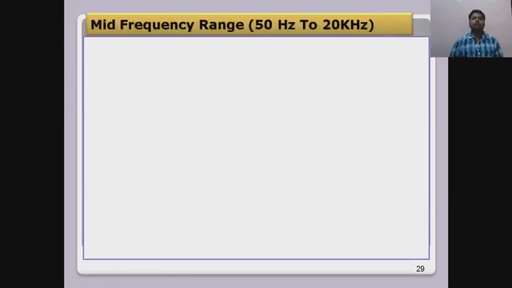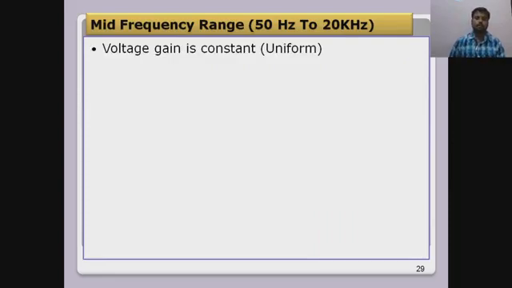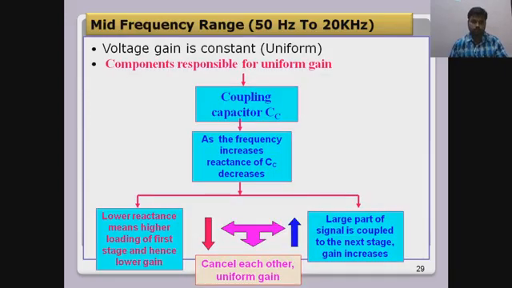What is happening in the mid frequency range and why is it giving the flat response? See, the voltage gain is constant or uniform or flat during the mid frequency range, that is from 50 Hz to 20 kilohertz. The component responsible for the uniform gain is again the coupling capacitor.